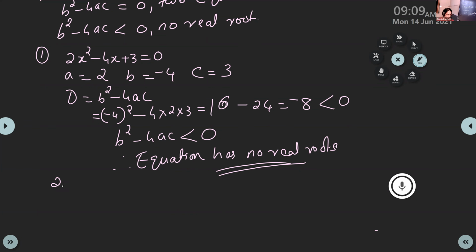Okay. Second one, 2x square minus 3x plus 5. Find D. Then say what about the roots?